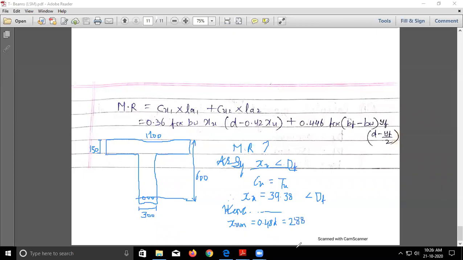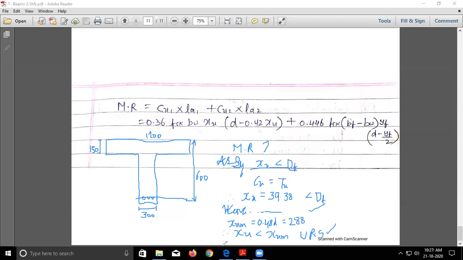So now from this we can say that XU is less than XU max. So hence the assumption is correct and it is an under reinforced section. You can write: hence it is an under reinforced section. So our assumption is correct and also it is an under reinforced section.